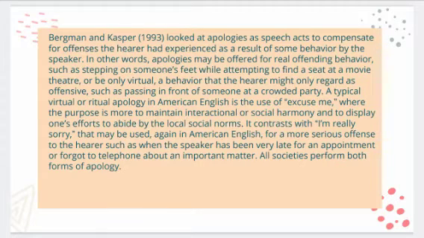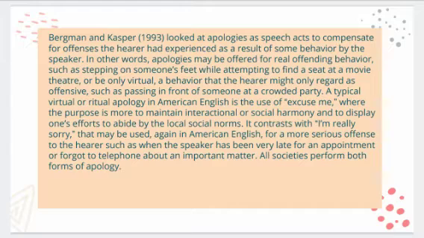A typical virtual or ritual apology in American English is the use of "excuse me," where the purpose is more to maintain interactional or social harmony and to display one's efforts to abide by the local social norms. It contrasts with "I'm really sorry," that may be used, again in American English, for a more serious offense to the hearer, such as when the speaker has been very late for an appointment or forgot to telephone about an important matter.